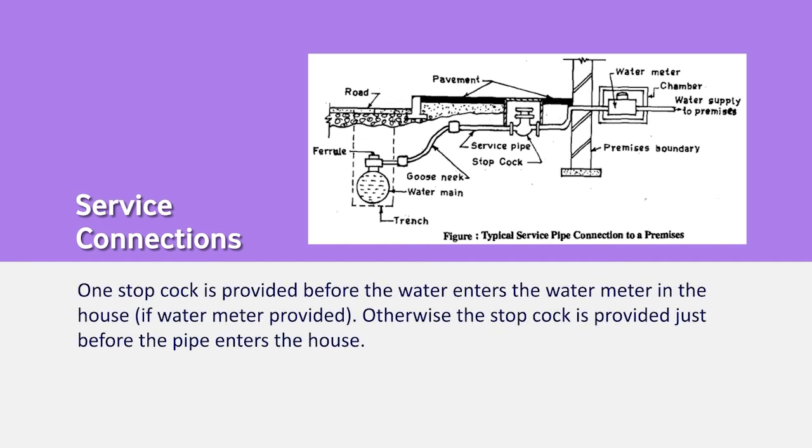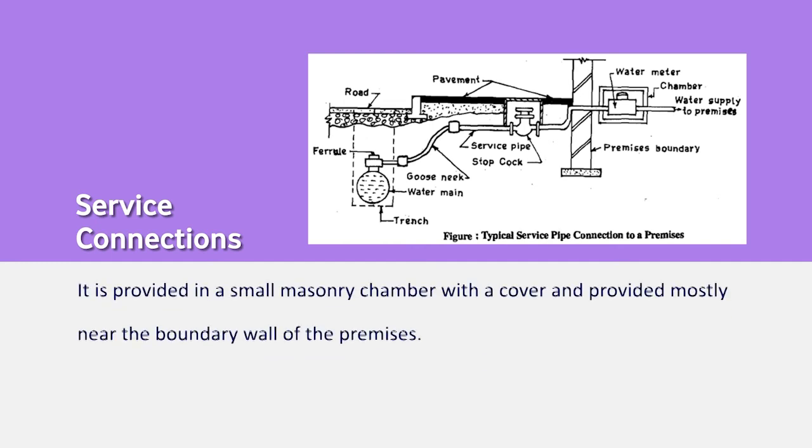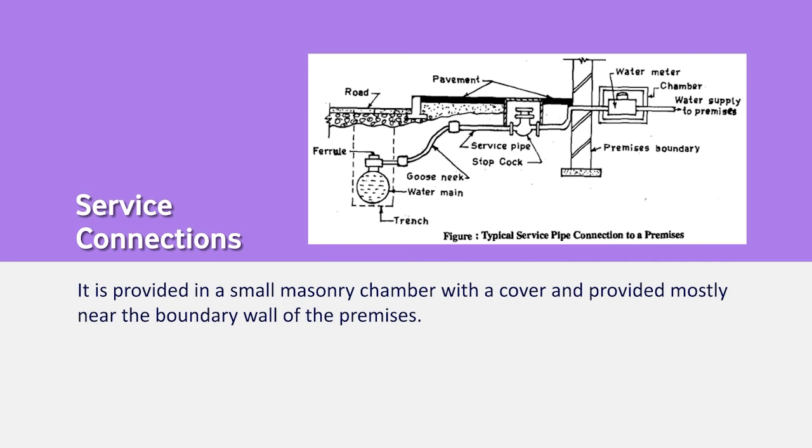One stop cock is provided before the water enters the water meter in the house. Otherwise, the stop cock is provided just before the pipe enters the house. It is provided in a small masonry chamber with a cover, mostly near the boundary wall of the premises.